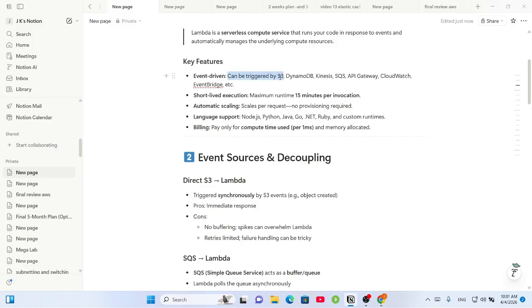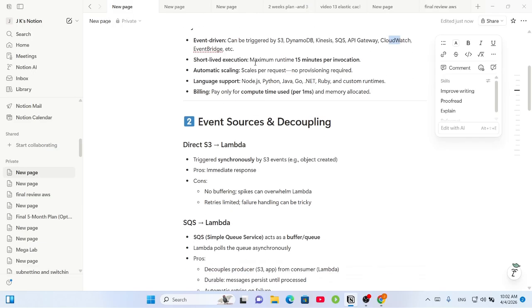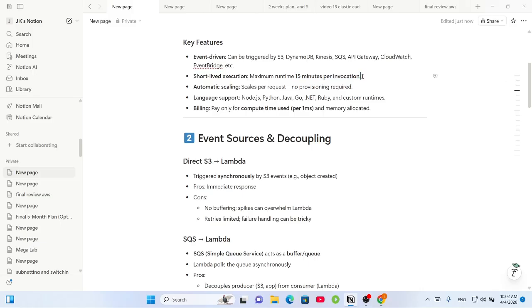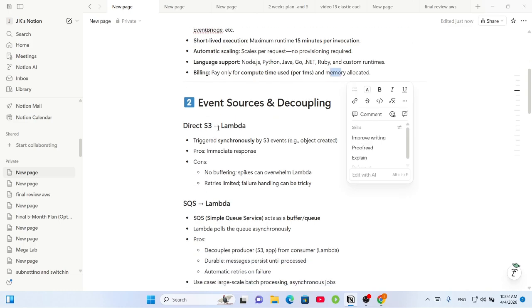Event-driven means it can be triggered by S3, DynamoDB, Kinesis, SQS, API Gateway, whatever. Its maximum runtime is 15 minutes per invocation. Automatic scaling: it scales per request, no provisioning required. It supports different languages like Python, Node.js. Pay only for compute time used per 1 ms and memory allocated.